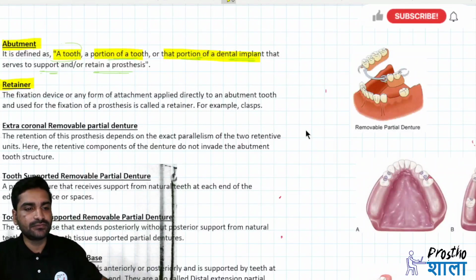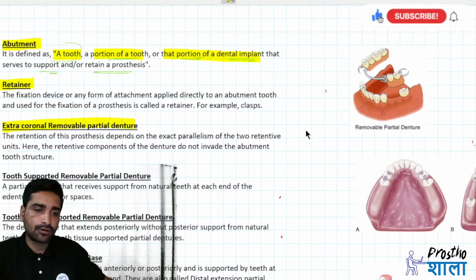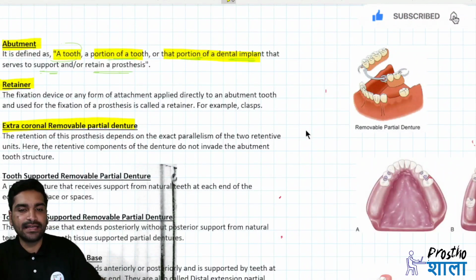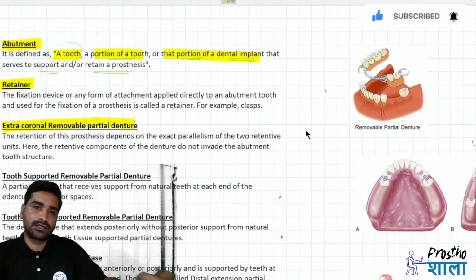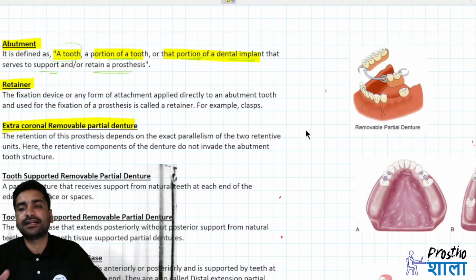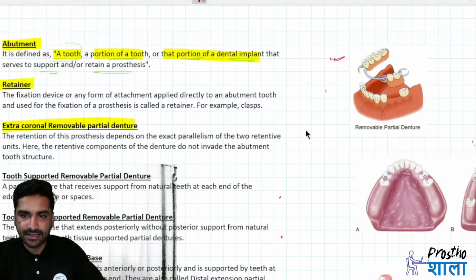Then we have extracoronal removable partial denture. So what is extracoronal removable partial denture? Mainly it is outside the crown structure of the teeth, like a normal RPD. That is mainly dependent upon the parallelism of the two surfaces of the abutment teeth. Suppose in this diagram, you see there are two proximal surfaces of the teeth.